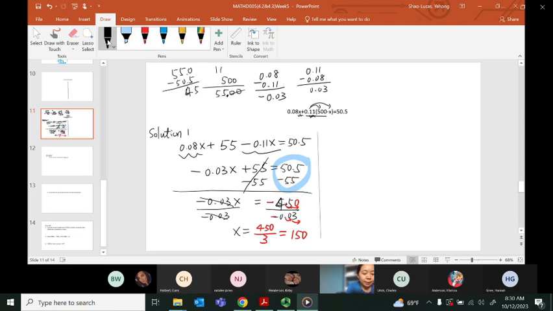The new way is, you're going to multiply. You could distribute, or if you want to go ahead and distribute it here, you can. Or you can start from here and go ahead and multiply every term by 100.